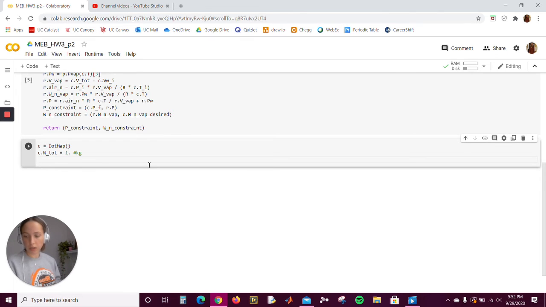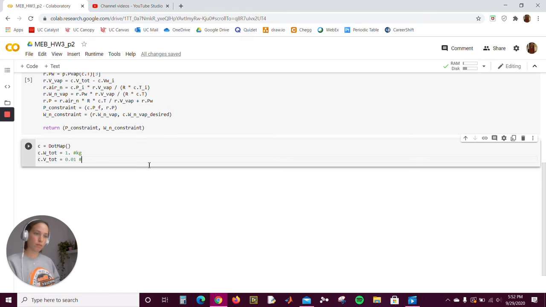And then we need our total volume, but this is just going to be a guess because we don't actually know our total volume. And that would be in liters.